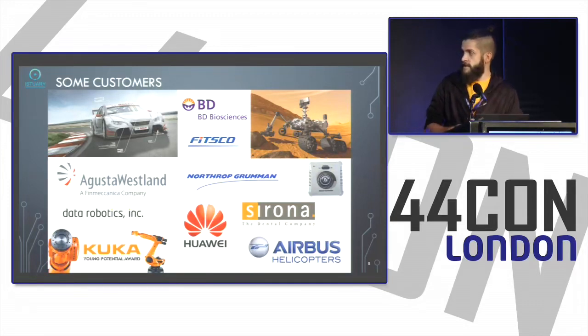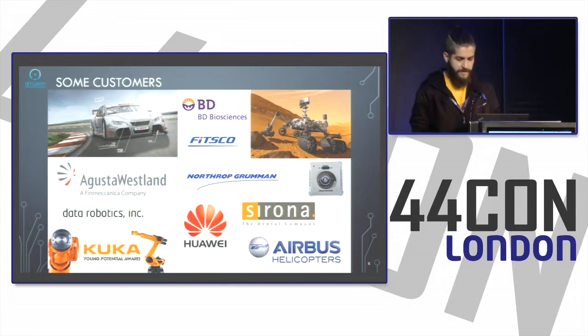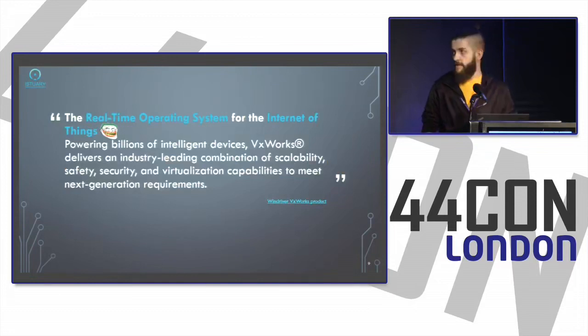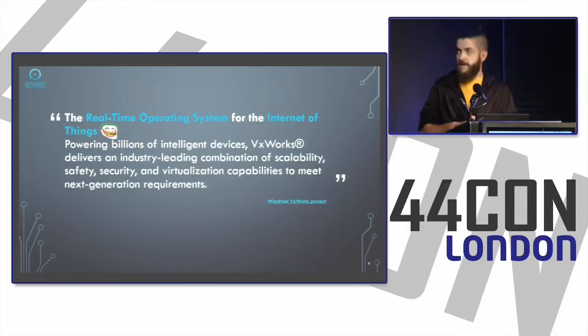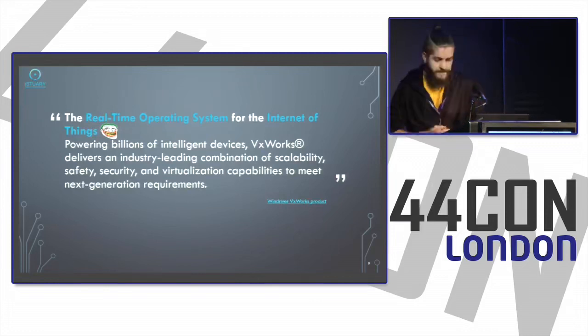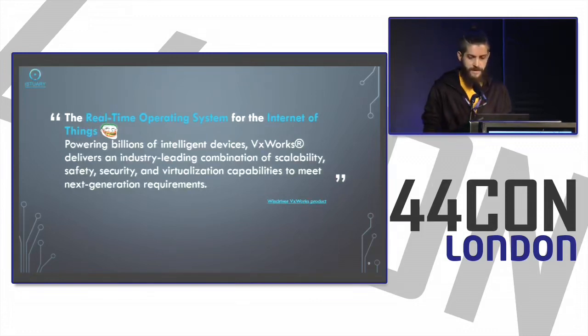And you can find it in some Airbus aircraft. I talked about the last one, VxWorks 7, and they claim it's the OS for the new trend, Internet of Things.